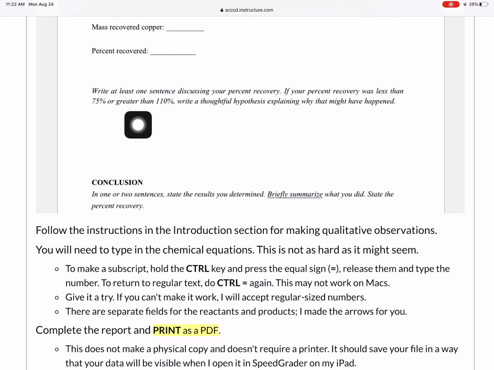That would seem to suggest that you have created copper out of nothing, which we know is impossible. So how could that happen? Well, it's most likely going to happen because of some sort of an impurity or wetness, right? If your final product is wet, then it's going to weigh more than if it was dry. And you record the mass, and your mass is wrong, and so it makes it look like you've recovered more copper than you actually did.